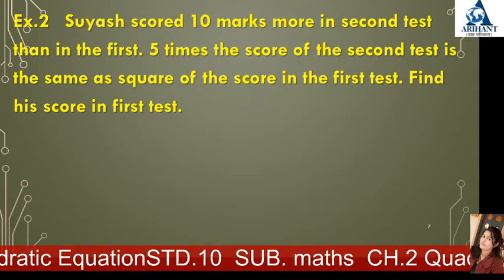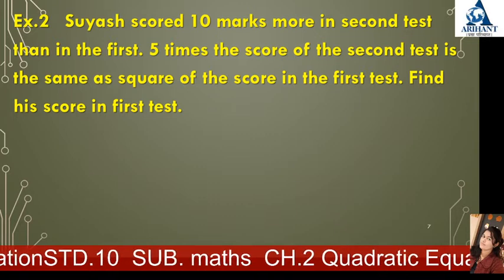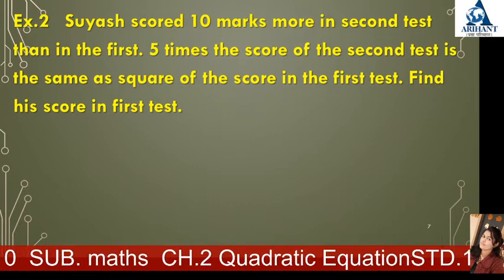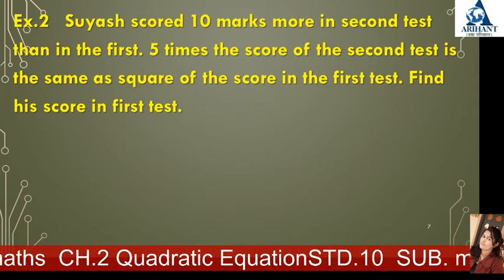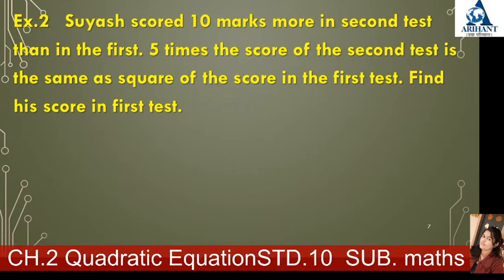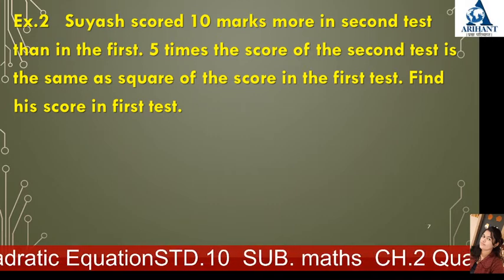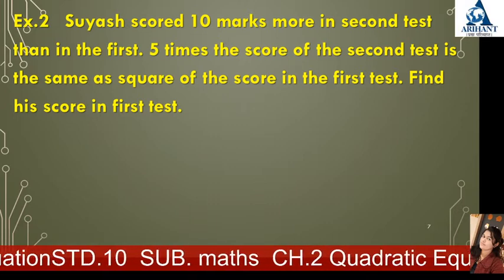Example 2 is, Suyash scored 10 marks more in the second test than in the first. 5 times the score of the second test is the same as the square of the score in the first test. Find his score in the first test. Carefully read the example.